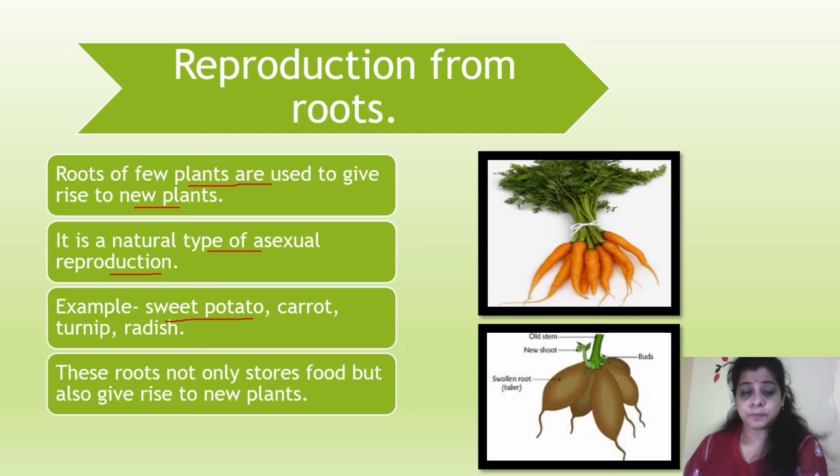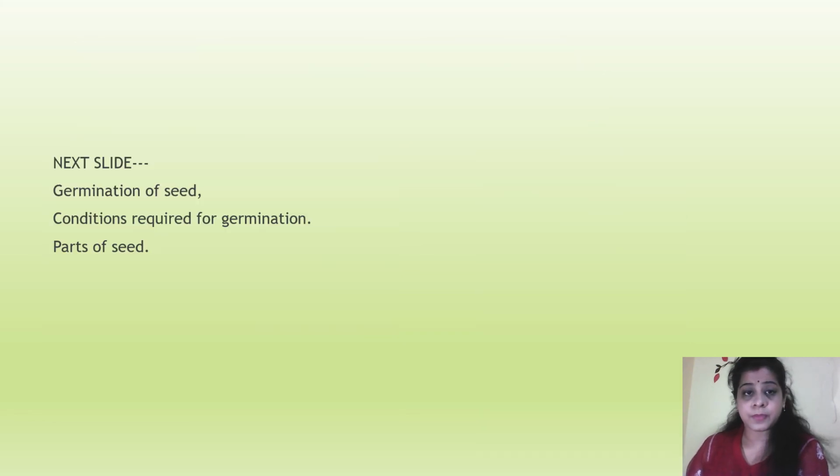Sweet potato, carrot, turnip and radish, these are roots. They store food and also give rise to new plants. When they are placed into the soil, they grow into a new plant, and their function is also to store food.